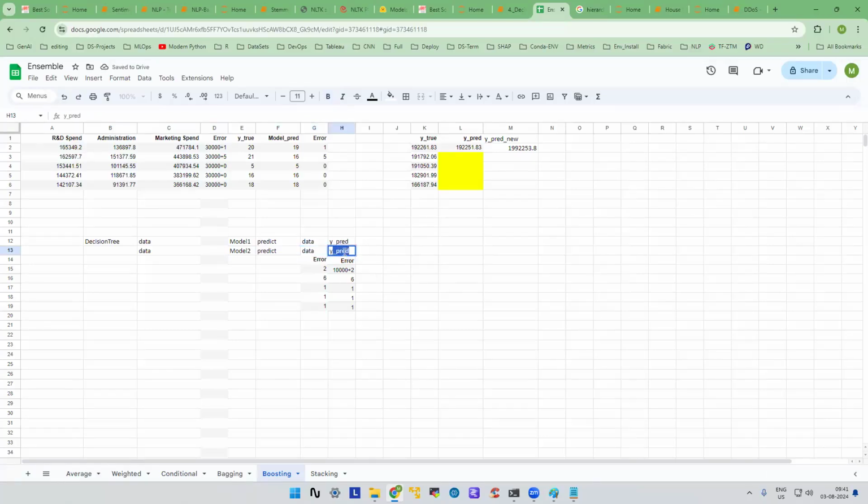Now it is model pred 1. I'm going to replace this one as model pred 1. Now this may be something like 19, and this can be 18.